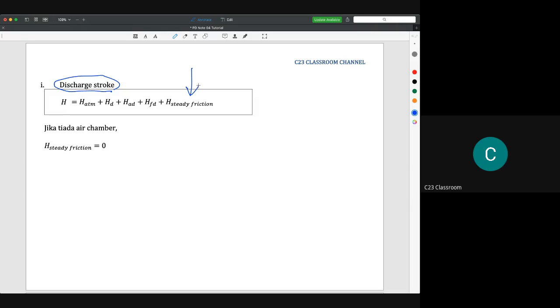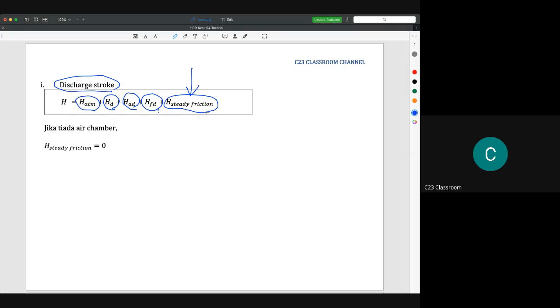We need to add all the parameters: the atmospheric pressure, plus the delivery head, plus the acceleration head for delivery, plus the friction for the delivery according to the reciprocating equation, and also the friction head according to the flow in pipe calculation.